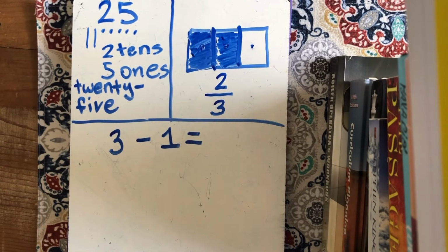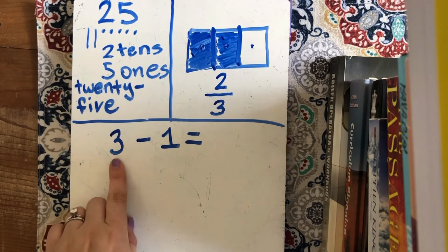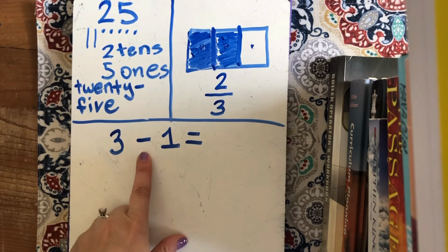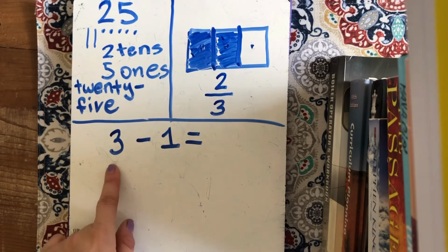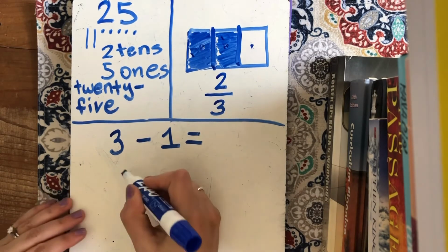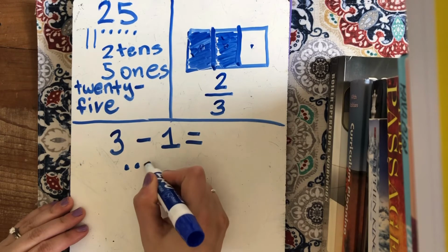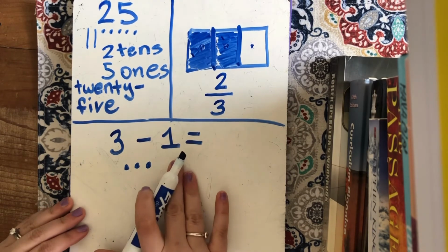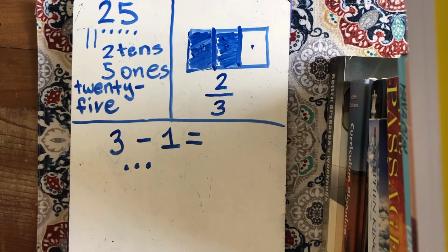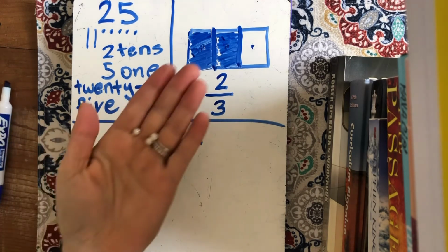We are going to do a subtraction problem for the bottom. I've got 3 minus 1 equals. Okay, so whenever we have minus or subtract, that means we're taking away. We're taking away 1 from 3. So for a subtraction, if you're drawing it out, you can draw 3 dots. And you don't need to draw another dot because you're taking away 1 from 3. And then you can also use whatever you have available. So right now I'm pulling out 3 beads, right?